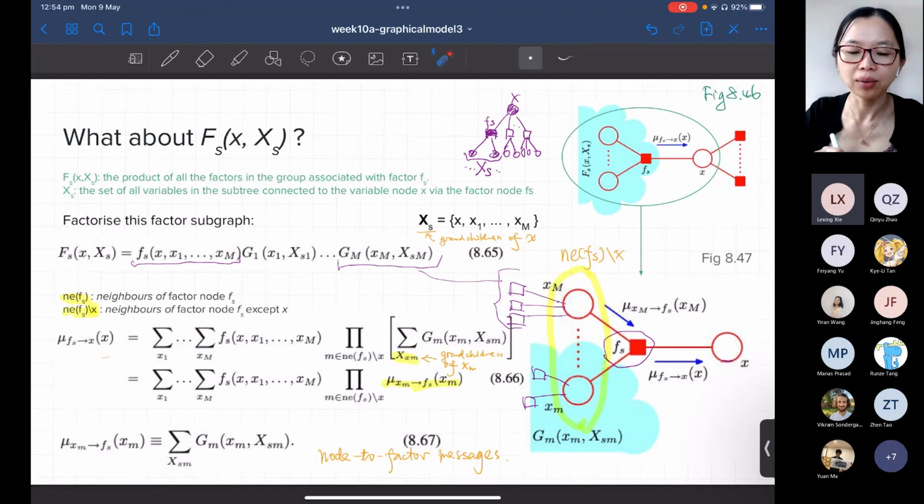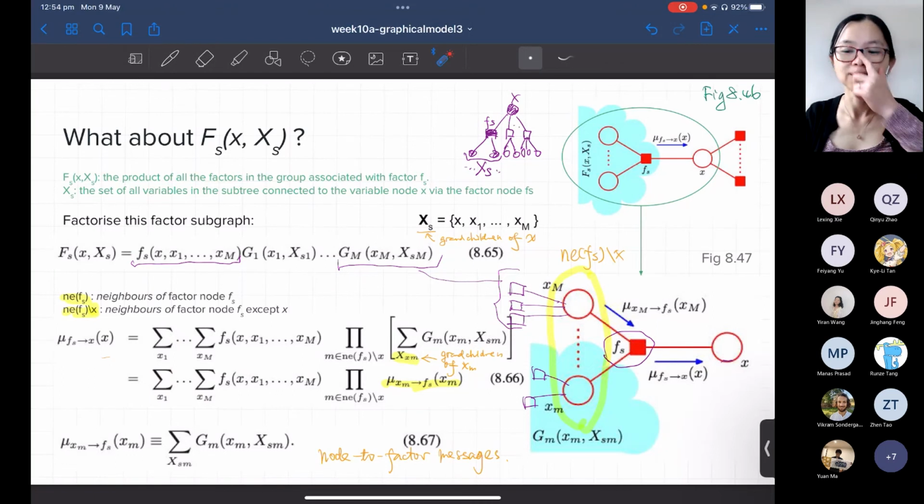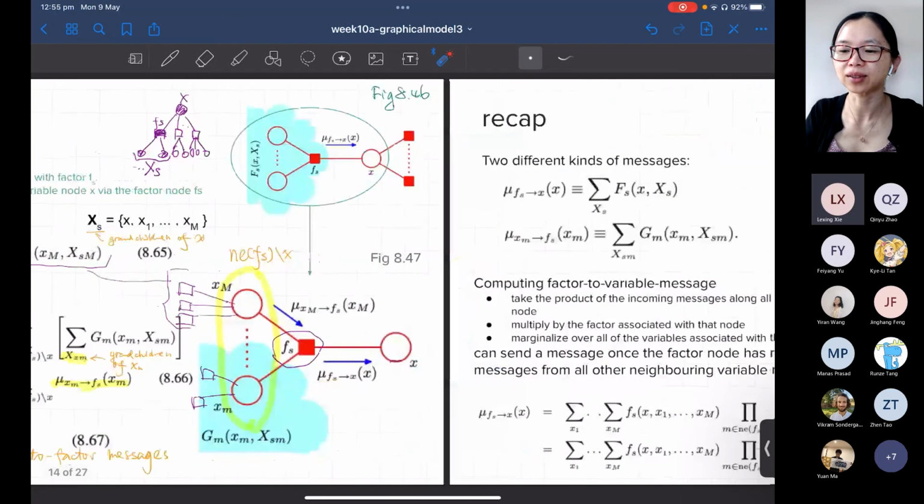Then we express the factor to node messages as a combination of the factor sitting on the factor node and these node to factor messages. We haven't really defined what the G's are. Let's go there.